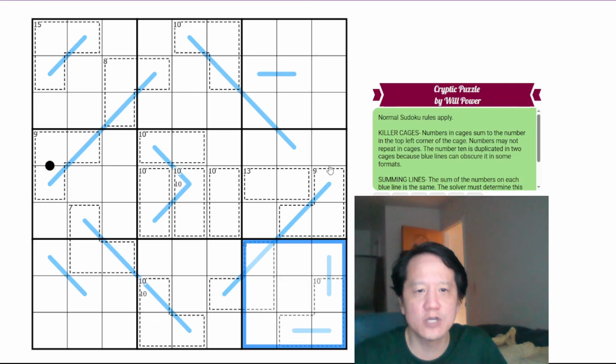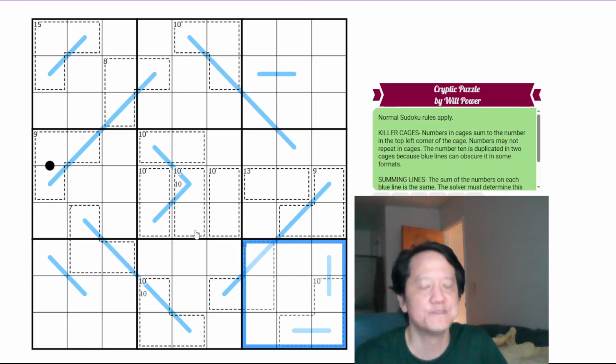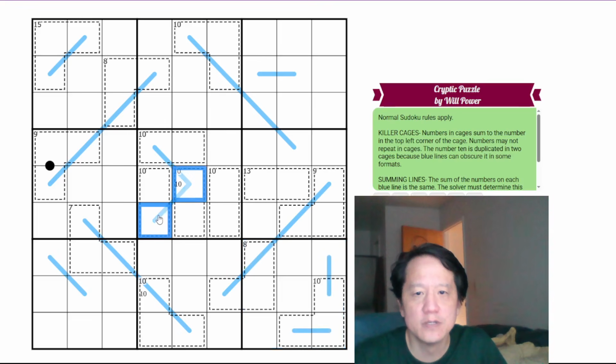We have killer cages, where numbers in cages sum to the number in the top left corner of the cage, and numbers may not repeat in cages. The number 10 is duplicated in 2 cages because blue lines can obscure it in some formats.